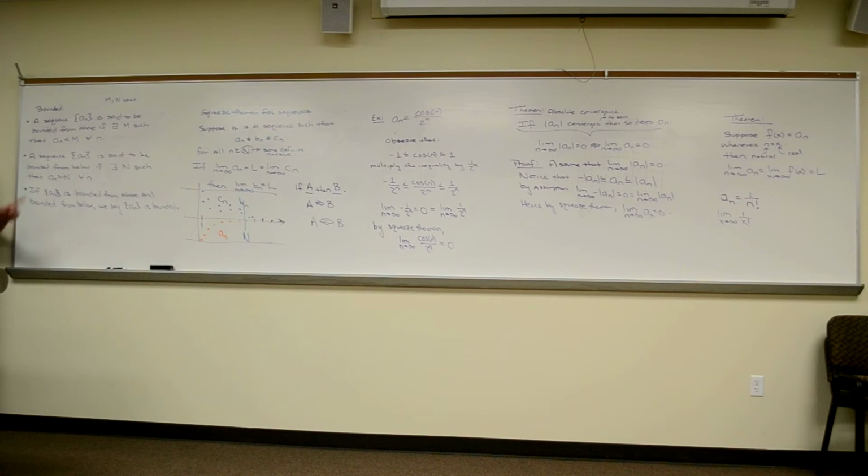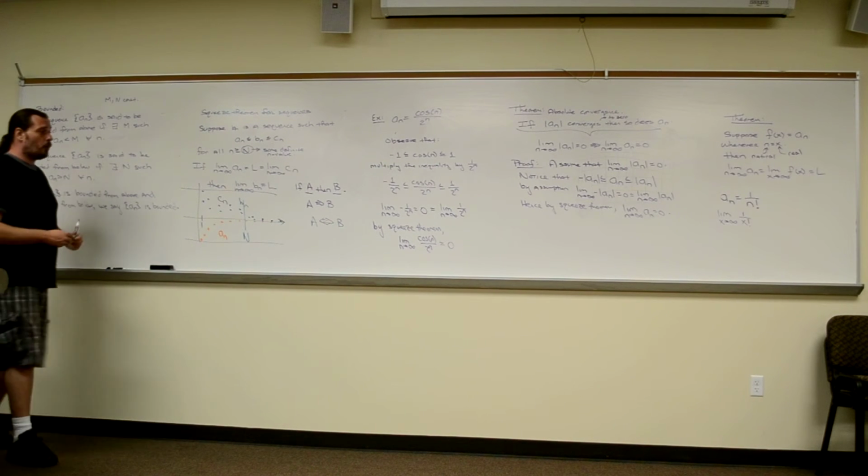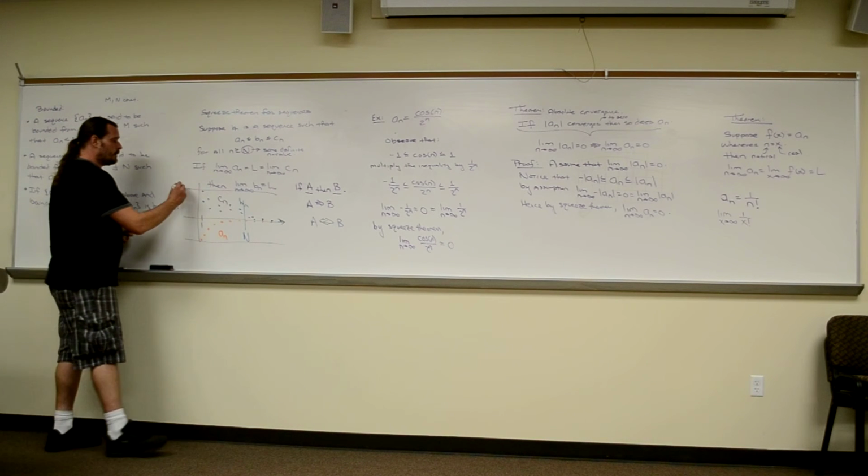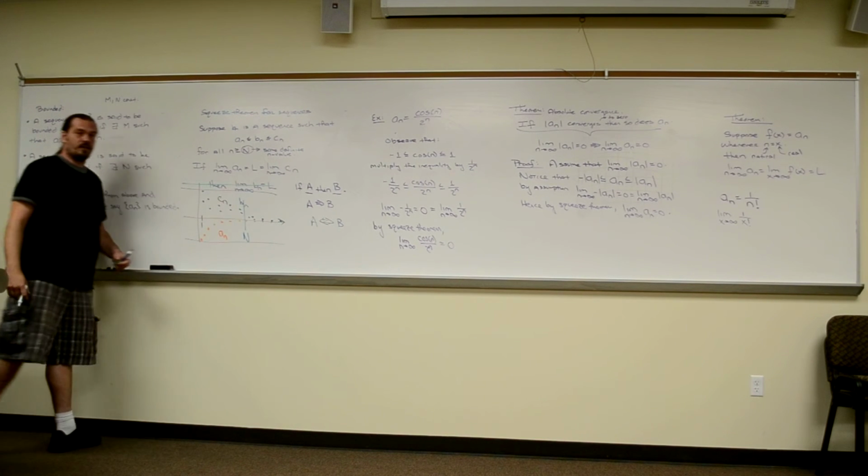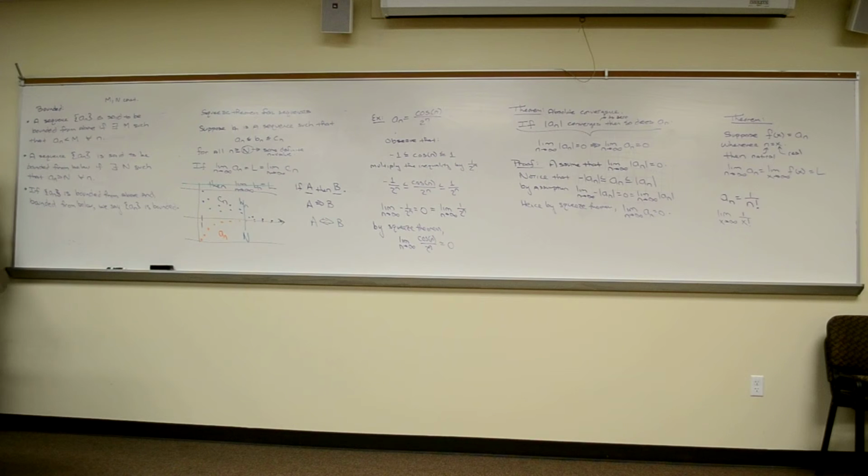These M's and N's aren't unique. That's another point to make. While this is an appropriate ceiling that I drew in purple, this green also qualifies as a ceiling. There are such things as the least upper bound and the greatest lower bound. We don't make that distinction in this class because we don't need it for the theorems that we use.